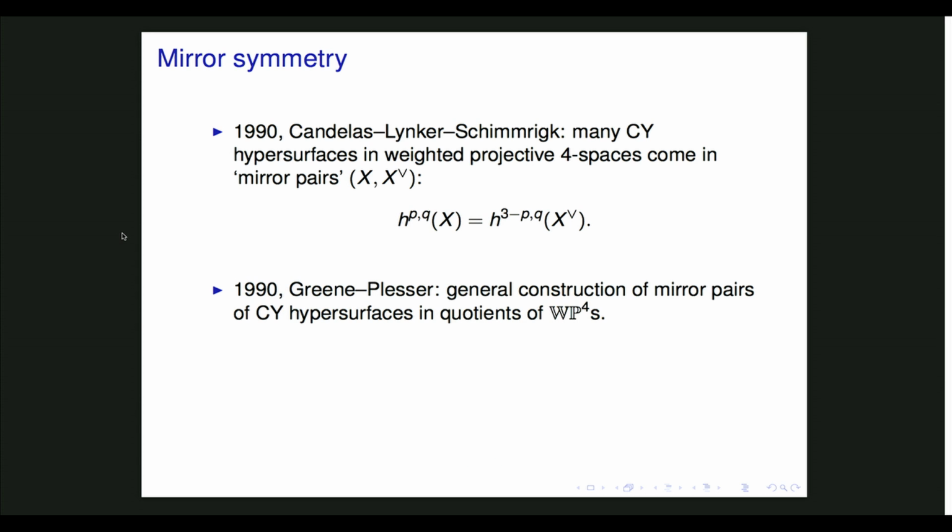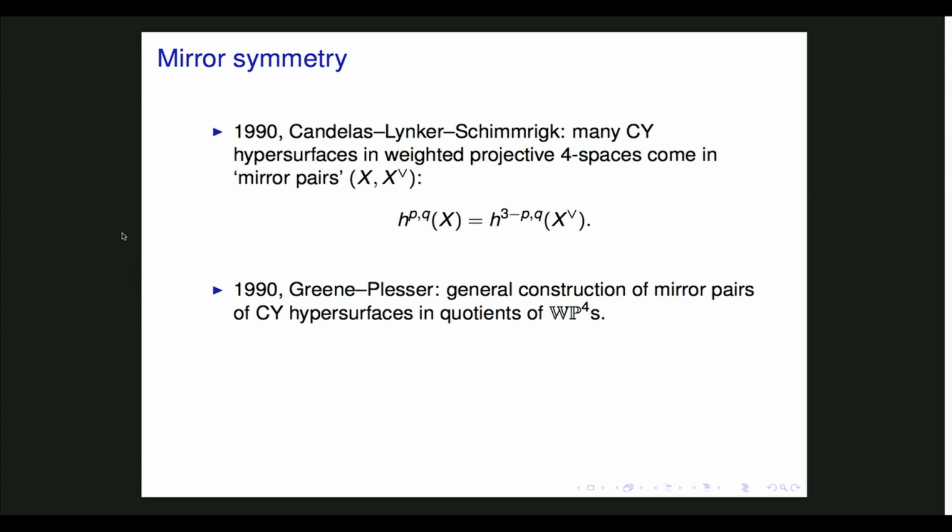So to be more specific about this phenomenon, in 1990, Green and Plesser explained a general construction that says, given one of these hypersurfaces, X, how do you specifically say what the mirror hypersurface X check is, whose Hodge numbers are related to those of X in this particular way?